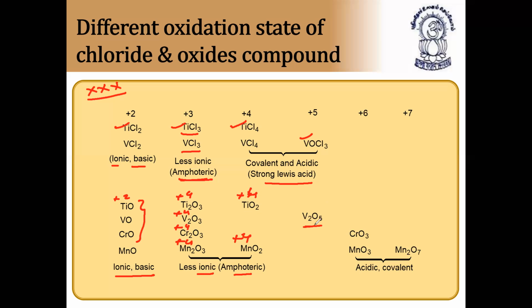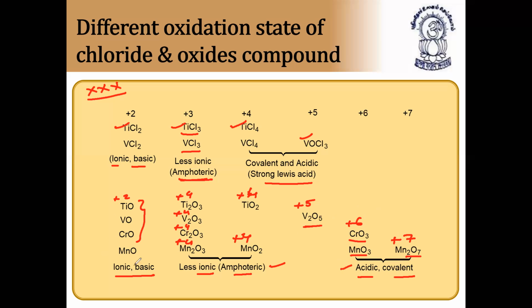Whereas V2O5, CrO3, Mn2O7 are the oxides with the maximum oxidation states. Vanadium is plus 5 state, chromium is plus 6, and manganese is plus 7 here. So their oxides are acidic and covalent. So which will form basic oxides, which will form amphoteric oxides, which will form acidic oxides?